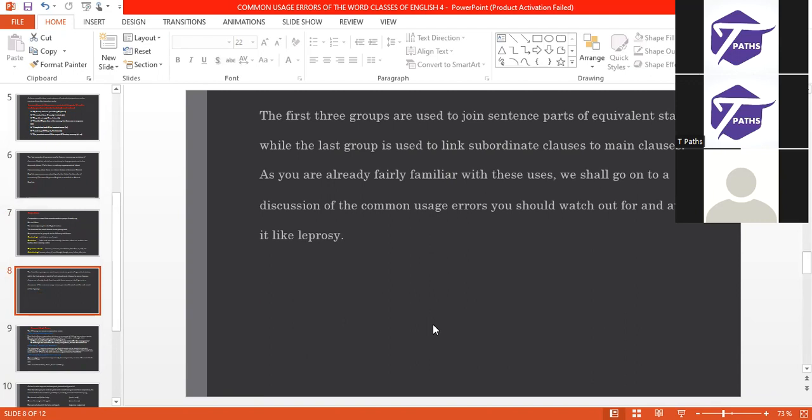The first three groups are used to join sentence parts of equivalent status, right? While the last group is used to link subordinate clauses to main clauses, all right? As you're already fairly familiar with these uses, because this is not the first time you're learning this or listening to lectures such as this, we shall go on to discuss common usage errors you should watch out for, right?